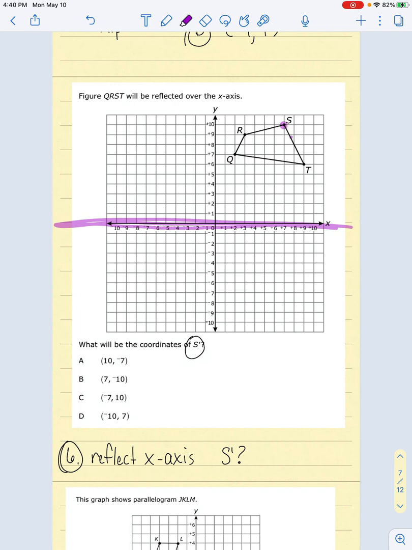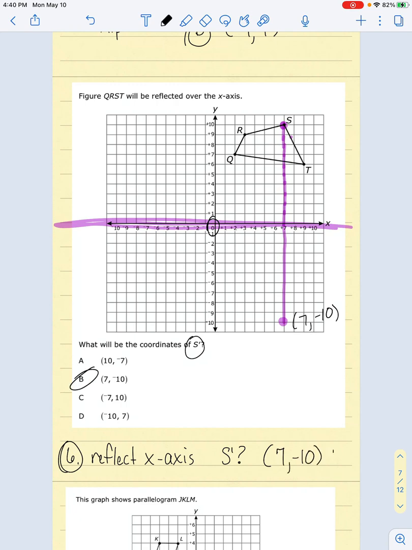So what I do is I notice right now S is up 1, 2, 3, 4, 5, 6, 7, 8, 9, 10. But flipping over the x-axis means I go down 10. So my coordinates are going to be, start at 0, 0, over 7, down 10.